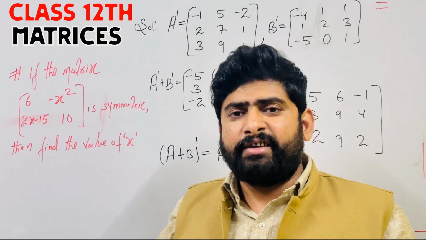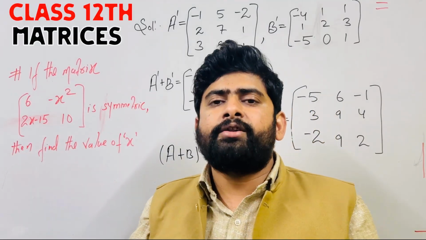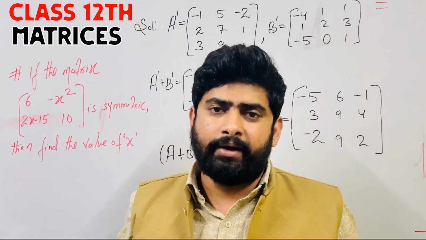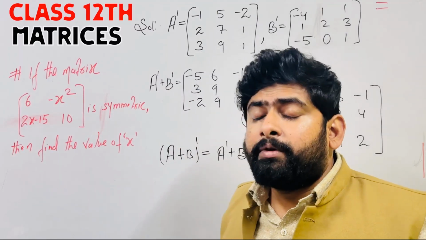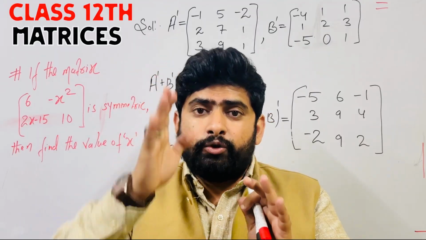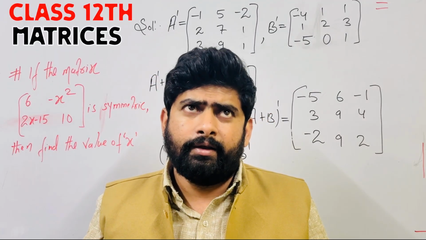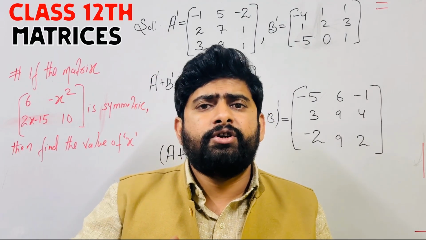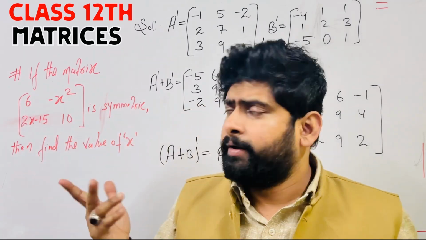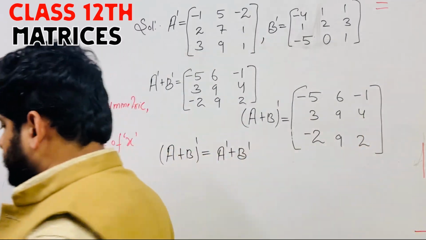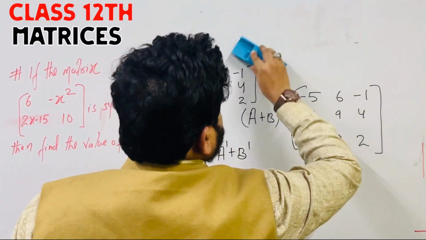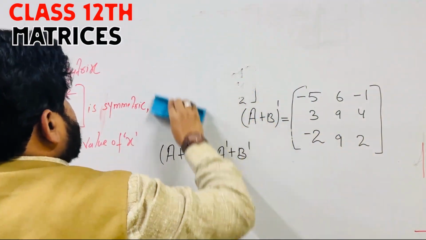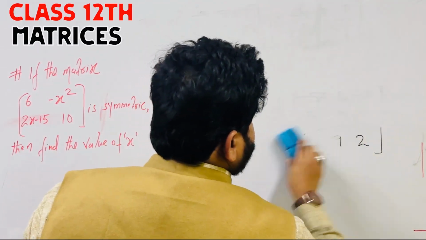Then the next step is to change this matrix into the transpose of a matrix. We know what the transpose of a matrix is: the rows change into columns, in other words, columns are changed into rows. Now we have to solve this question. Did all of you get it?